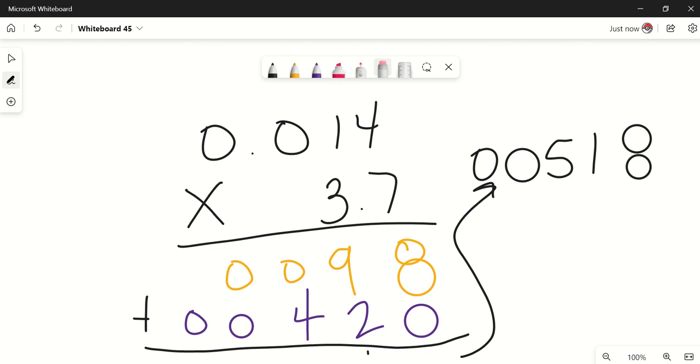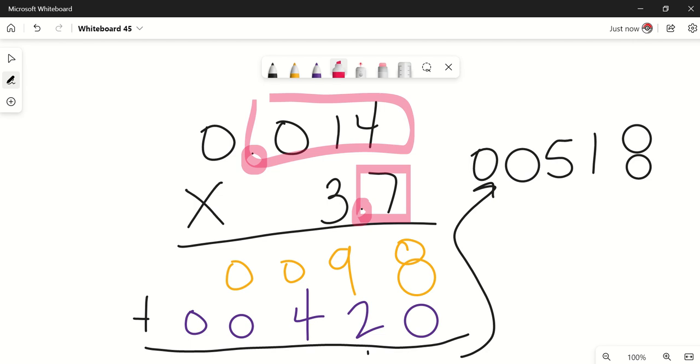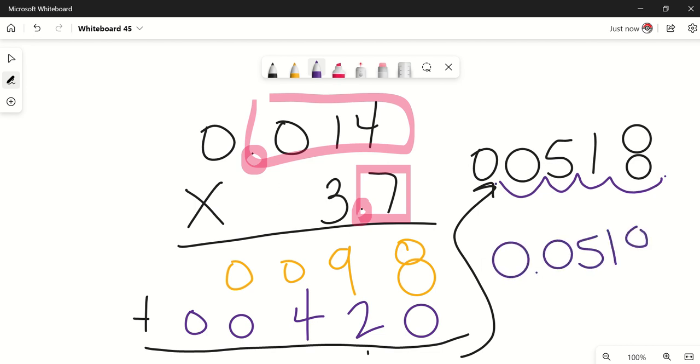So we have 3 digits here after a decimal, and I have 1 digit here after a decimal. So I'll have 4 digits to jump. I start at the very right at the end, jump 1, 2, 3, 4. So my answer should be 0.0518. And as always, we can double check our work.